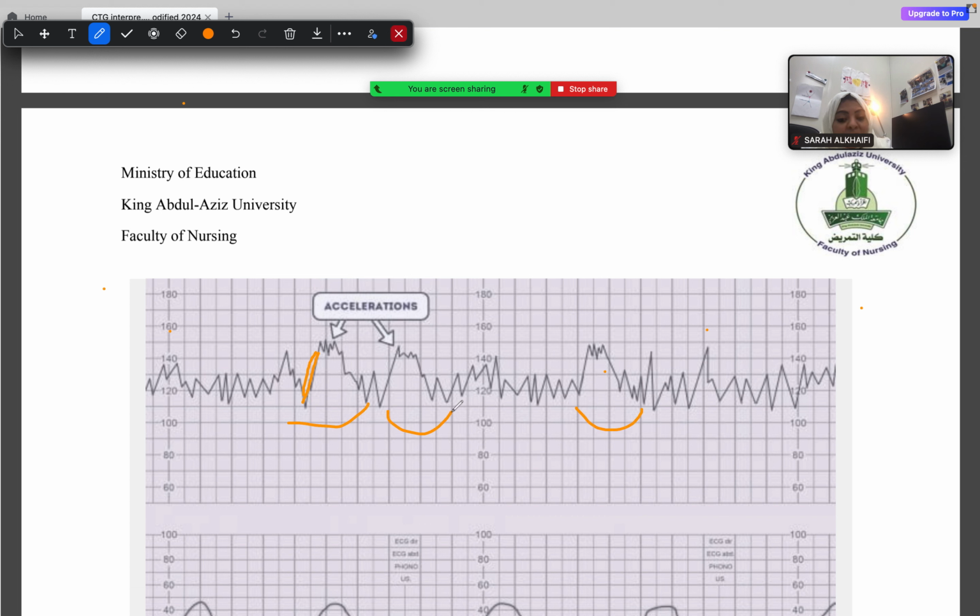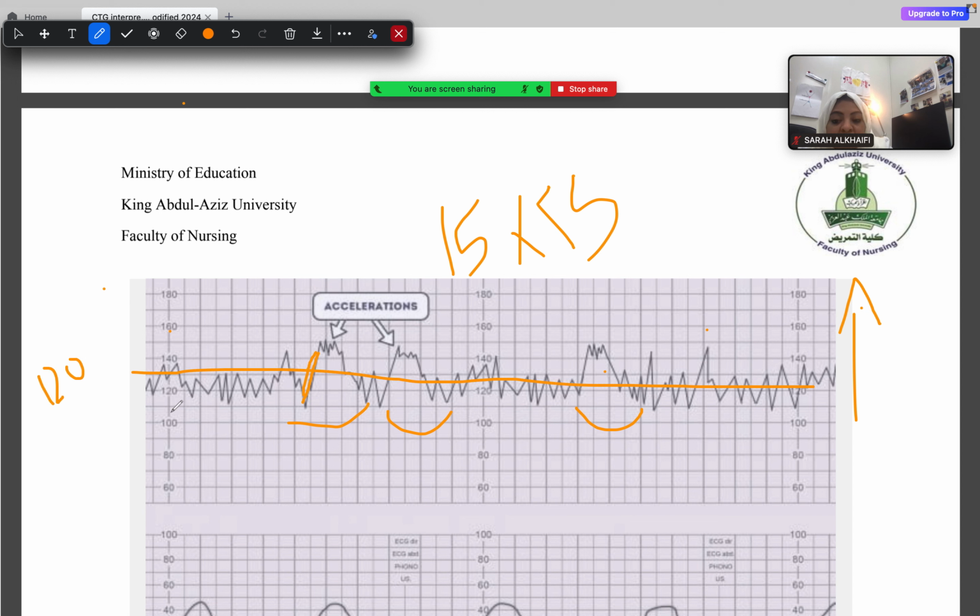The rule is 15 times 15, which means, if you see the baseline here, most of the reading of the fetal heart rate is about 120. Is that right? So this is the baseline. And here, the fetal heart rate increased from the baseline of 120 all the way to 145. So it increased more than 15 beats.